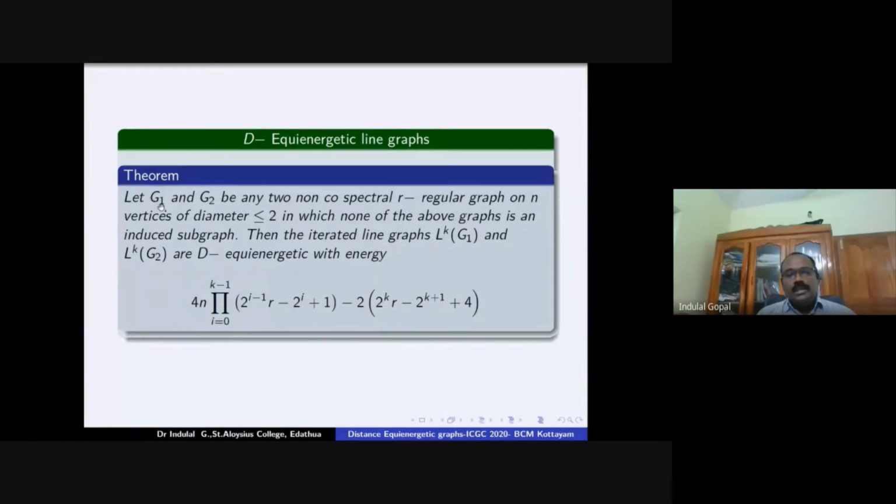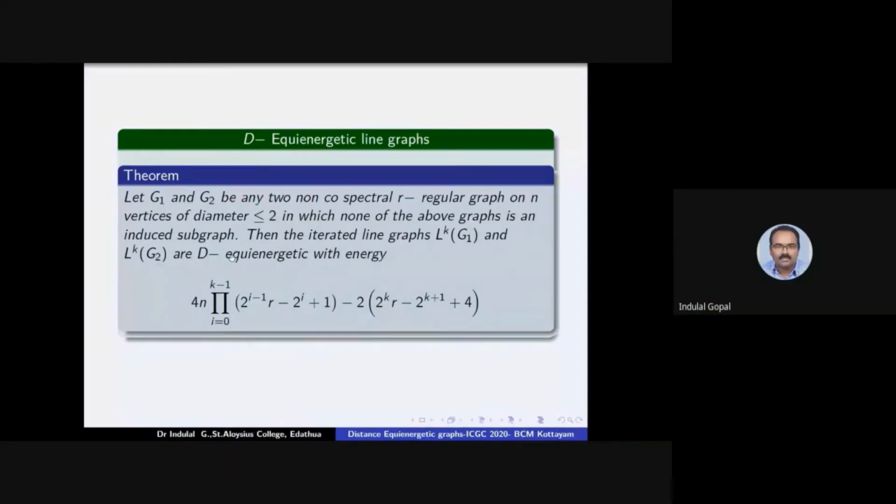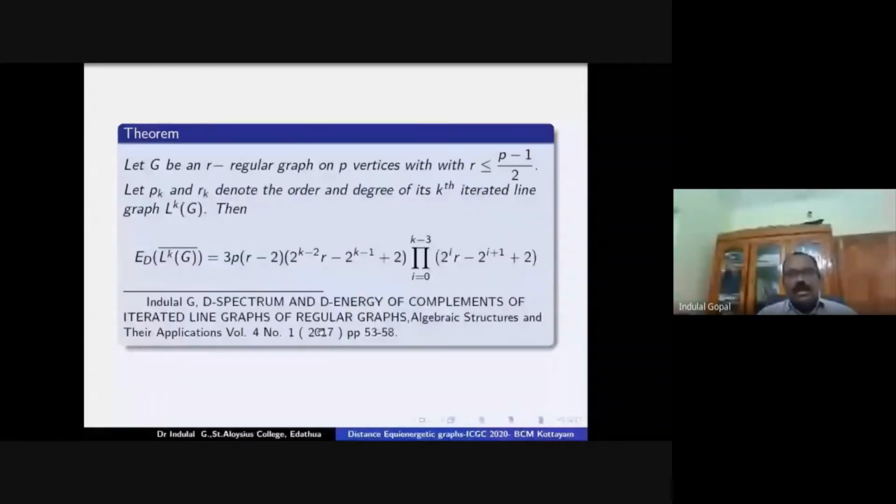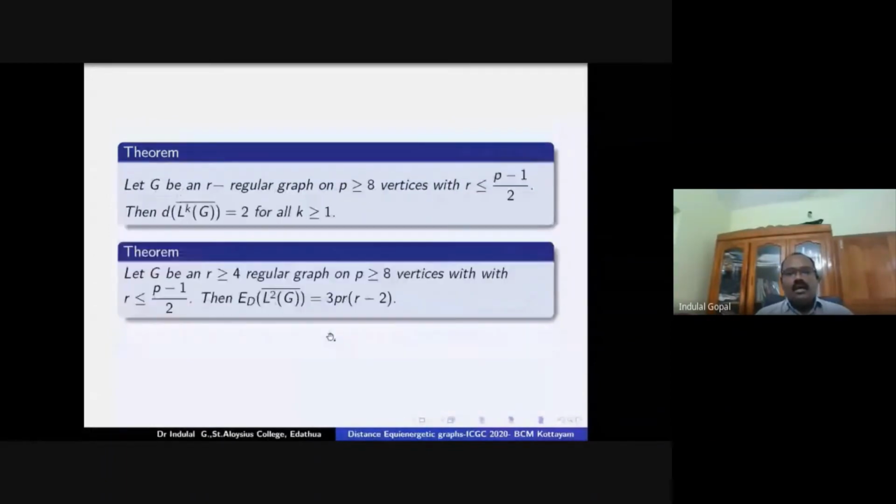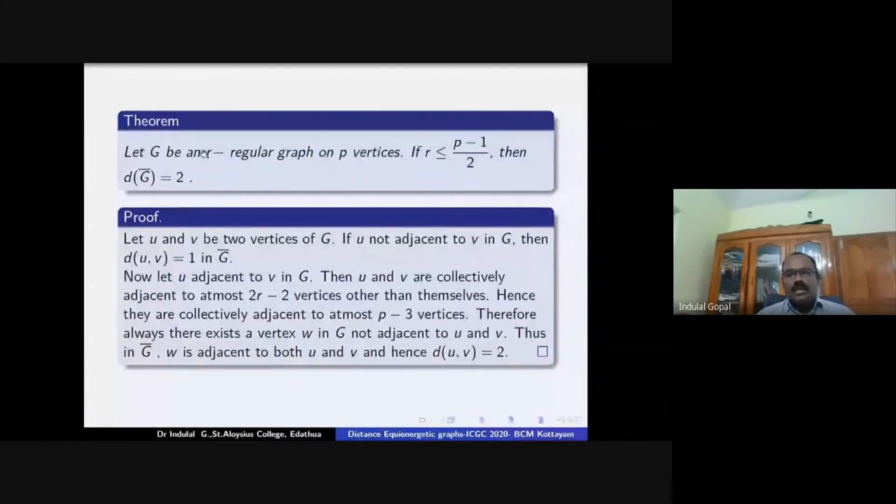We made in this paper, the D spectrum and D energy of the complements of iterated line graphs of regular graphs, appeared in Algebraic Structures and Their Applications in 2017, the observation that if G is an r-regular graph on p vertices with r less than or equal to (p minus 1)/2, then the diameter of its complement is equal to 2.